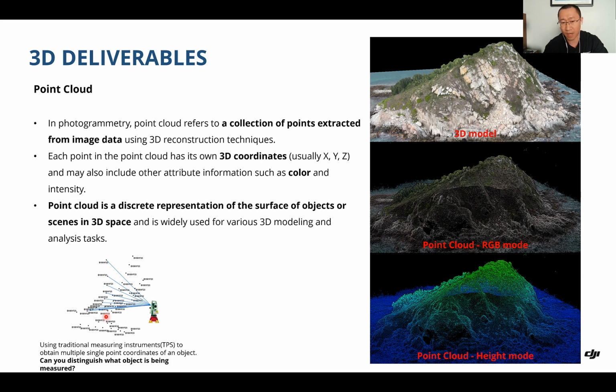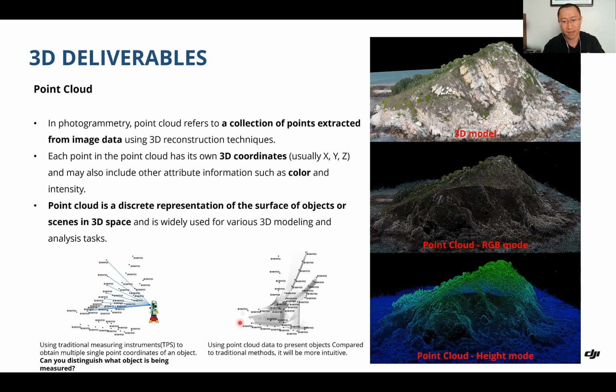Although we have measured lots of points here, can you distinguish what kind of target or object we are measuring? Obviously, it's very hard for us. Okay, so if we use point cloud technology, we can totally see it. So using point cloud data to present objects is more intuitive compared to traditional measurements.